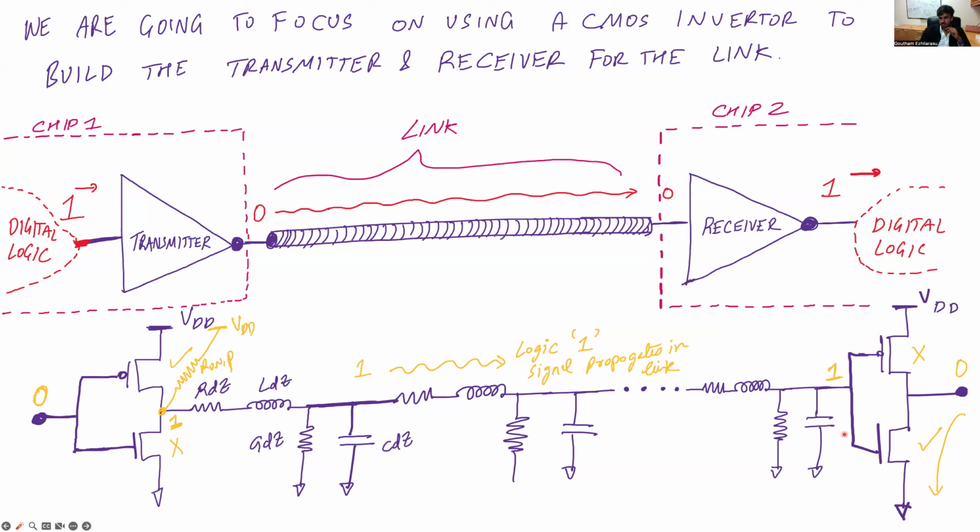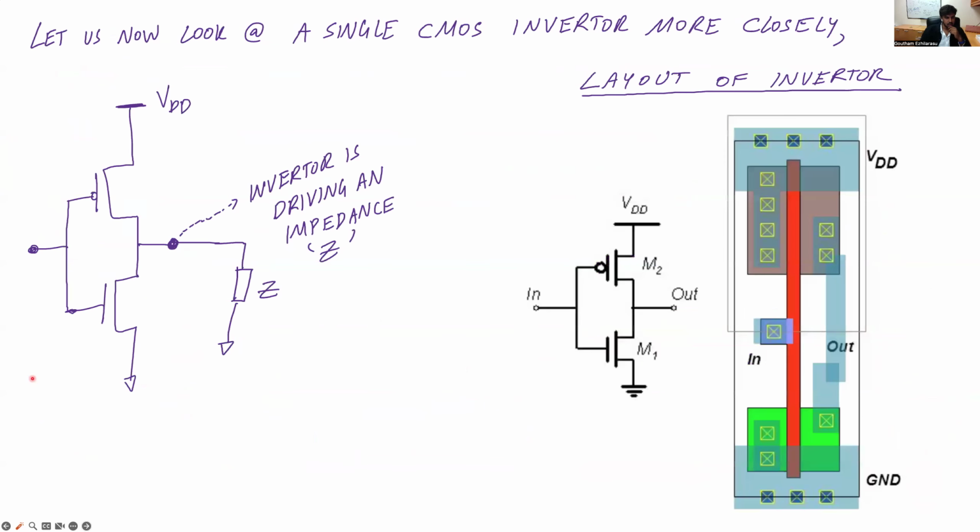So it just ends up being some kind of load capacitance that is to be driven. So looking out of the transmitter, what we see is basically some Thevenin equivalent impedance that needs to be driven by this inverter. So we are now looking at the single inverter at the transmitter side just driving some impedance Z that has to be driven by this transmitter.